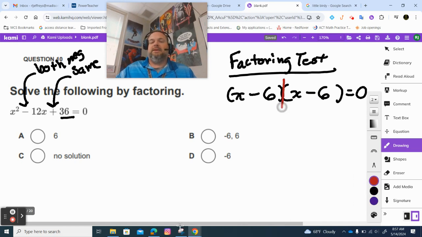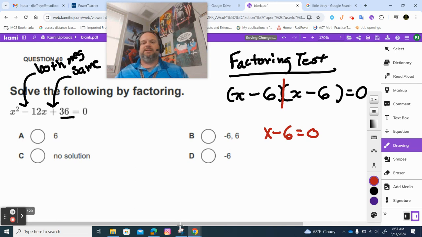Now, the way we would set this up, since this is actually called a perfect square or something like that, it doesn't matter. It's the same thing. You only have to do one of them.